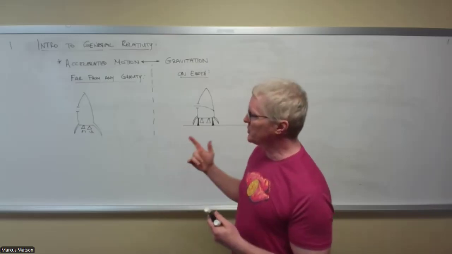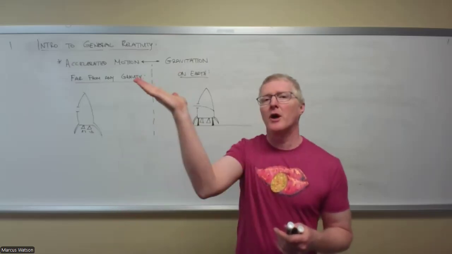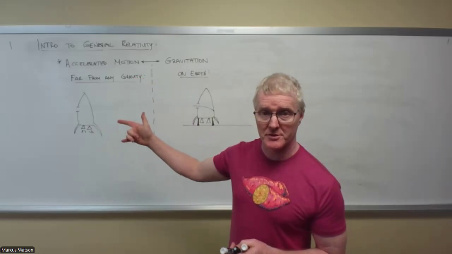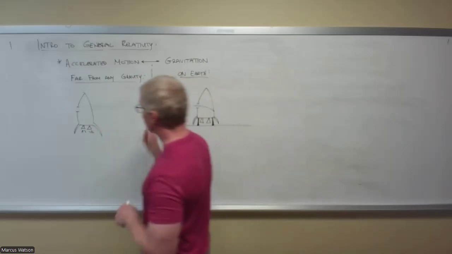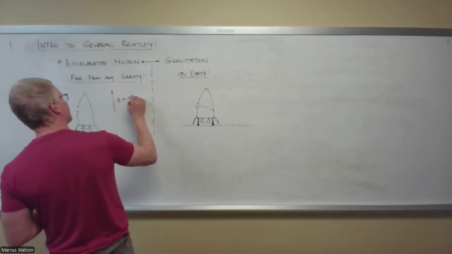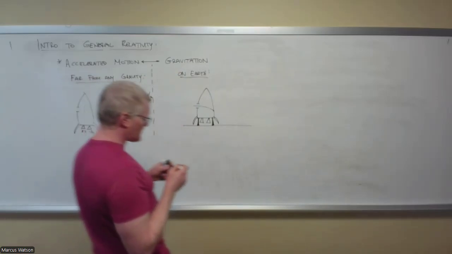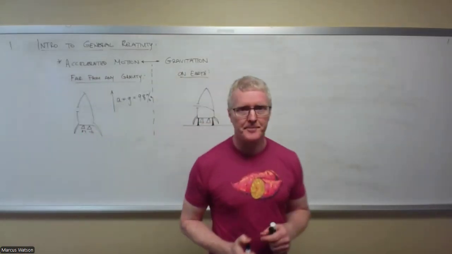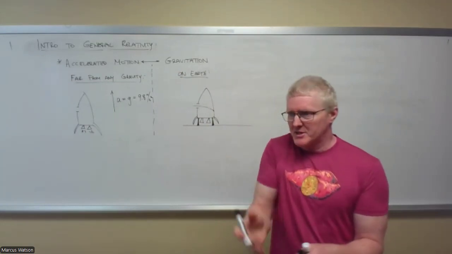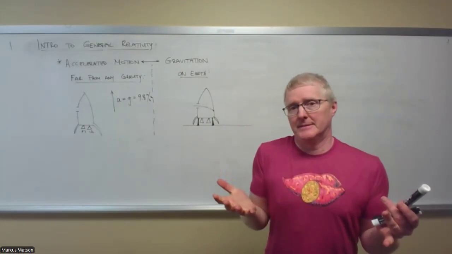So what we're going to do is accelerate the rocket upwards, which is going to accelerate the floor upwards, and I'm going to do it at exactly the same as Earth's gravitational acceleration. So this is going to accelerate upwards at g, which, if you like, is 9.8 meters per second squared. That means the floor is accelerating upwards at 9.8 meters per second squared, and it's pushing me up, right?